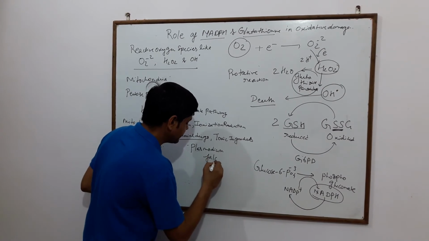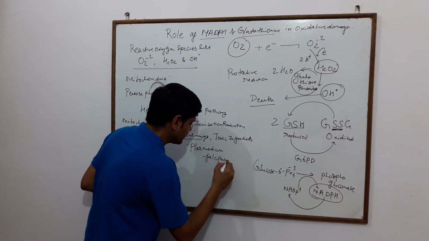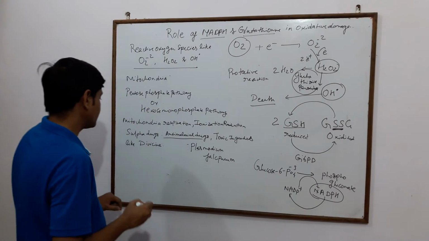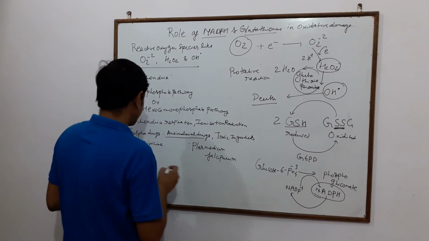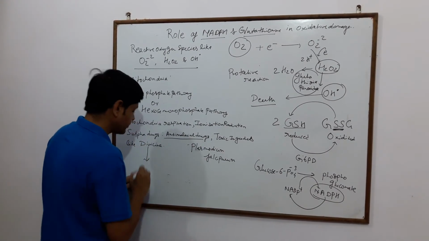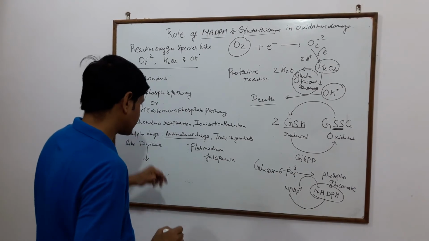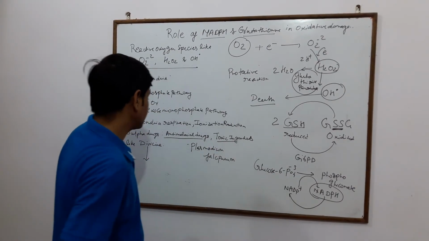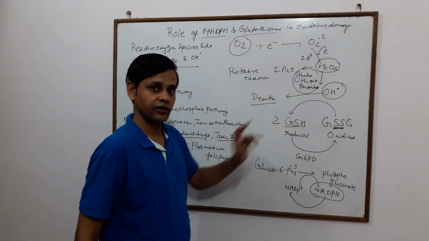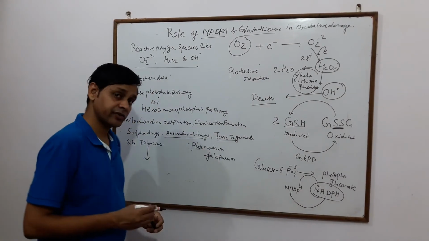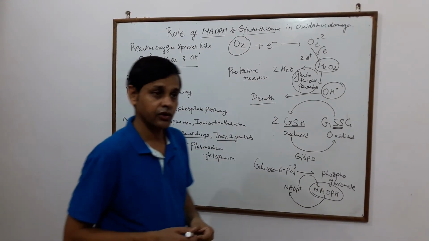Falciparum. And divicine is also a toxic ingredient that acts like this. Divicine is present in fava beans.